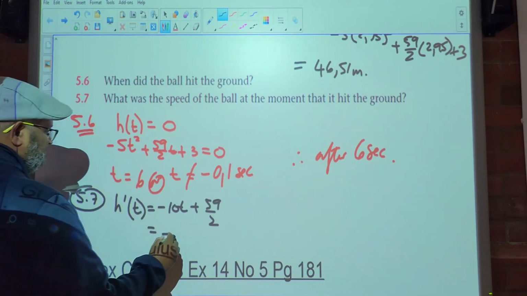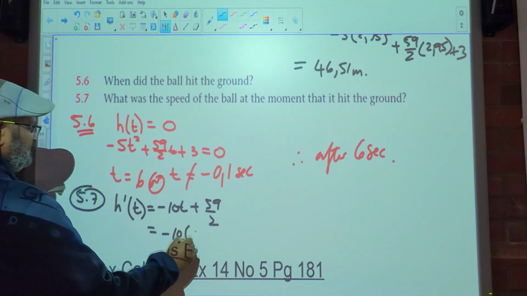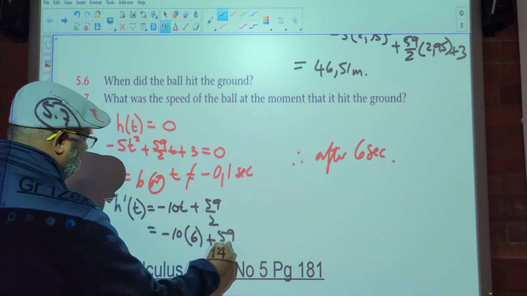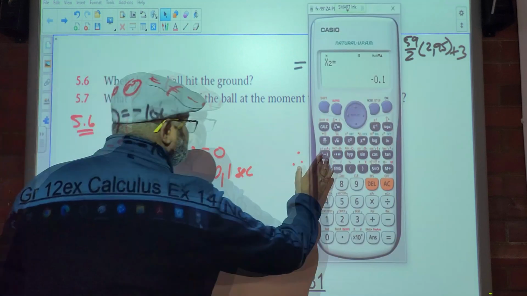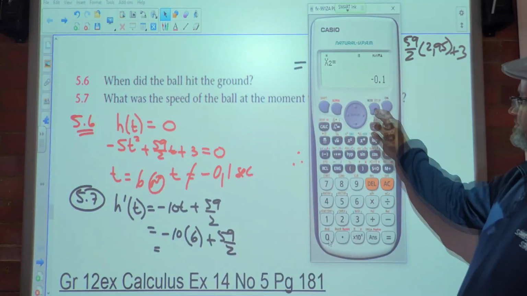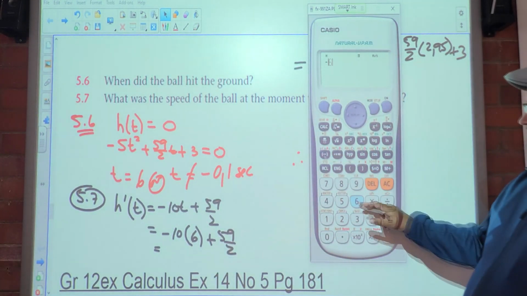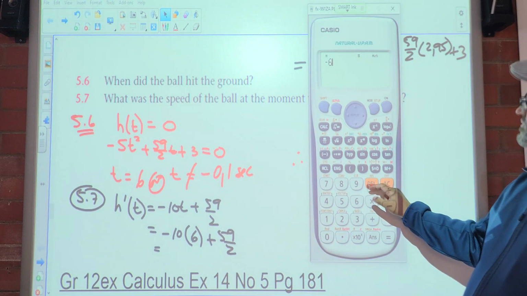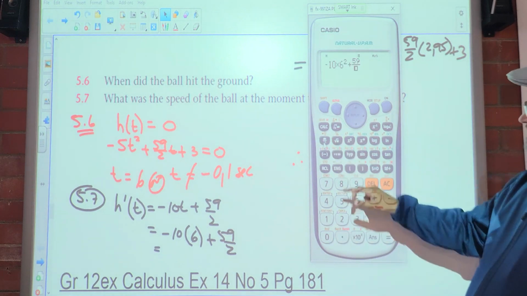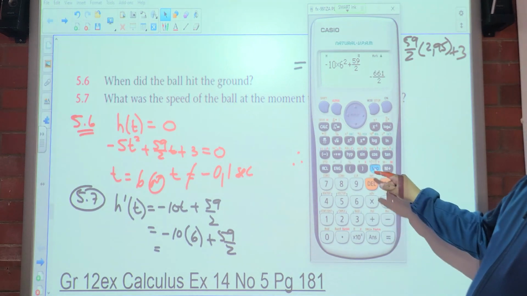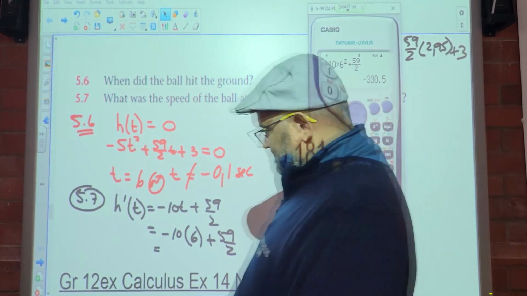So it's negative 10 multiplied by 6 plus 59 over 2. Put that in the calculator.